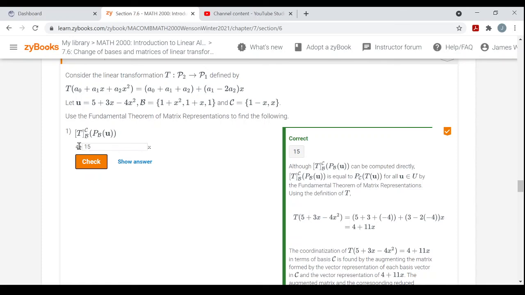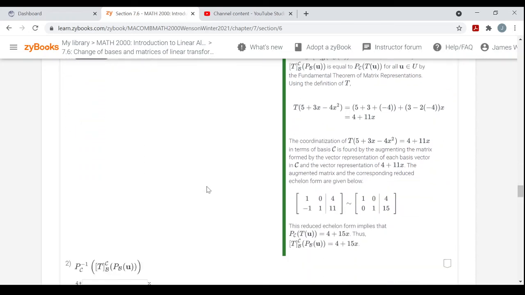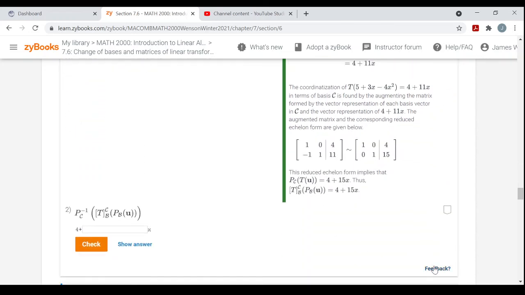So just put the coordinates here relative to C. Looks like 4 and 15 are what they want. But they should have written this out as 4 times 1 minus x plus 15 times x, not like this. Okay, so put the coordinates here, but they should have written that out another way. I'm going to send them some feedback about that.